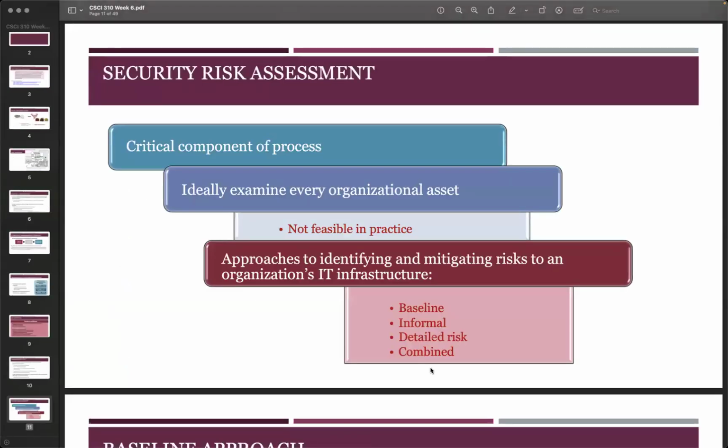Okay, so for the risk assessment, that's the approach we focus on. What are the critical components of the process we need to know, and ideally examine every aspect of the organization. We also need the approach to identify and mitigate the risks to an organization's IT infrastructure.